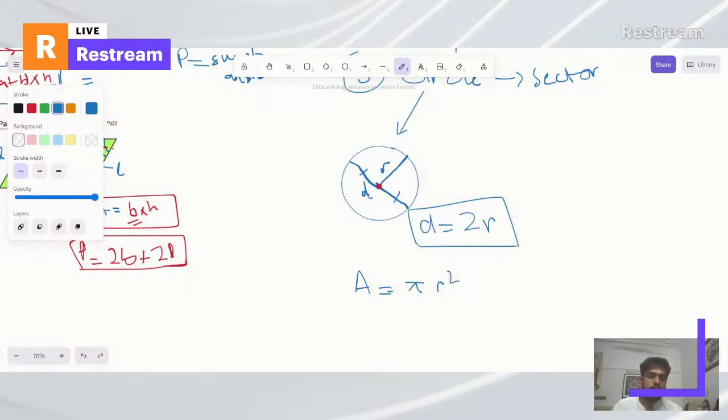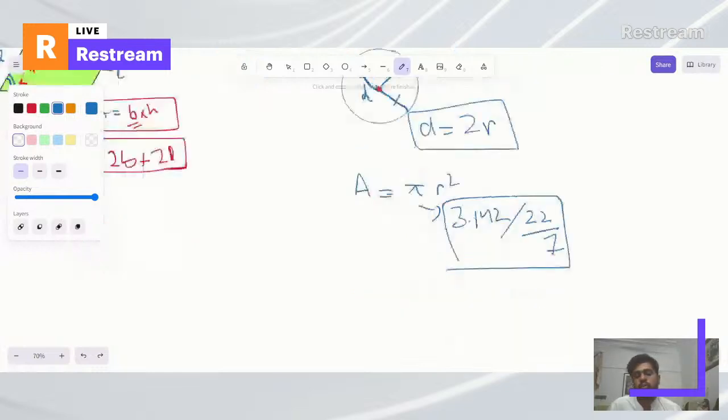Okay, so pi is an irrational number which has a value of 3.142, or it could be written as 22 divided by 7. So these are the two values which could be used for pi.